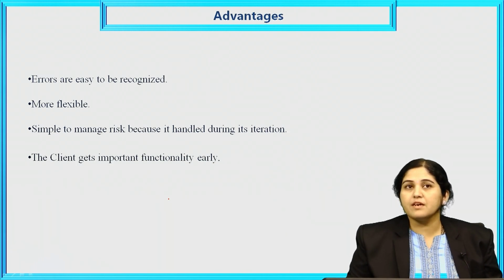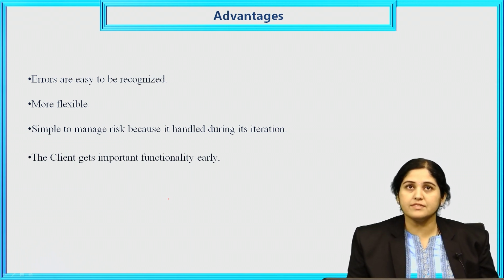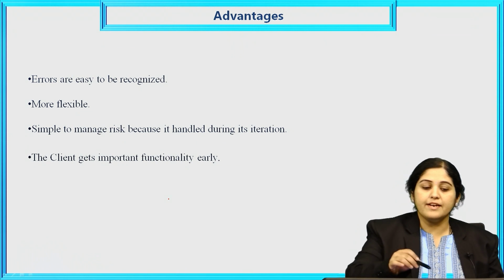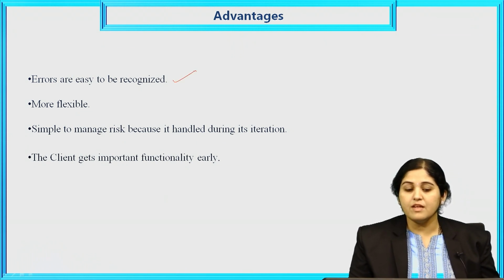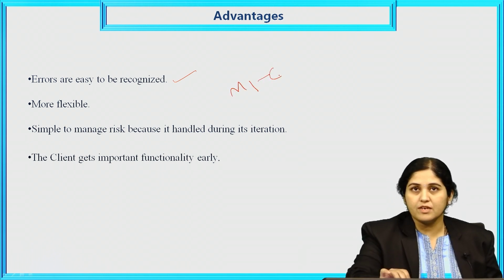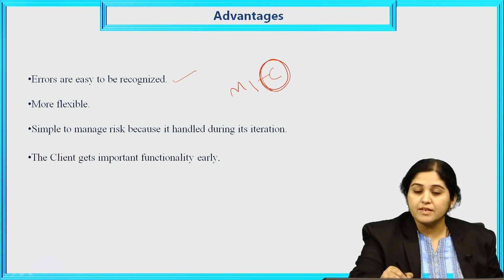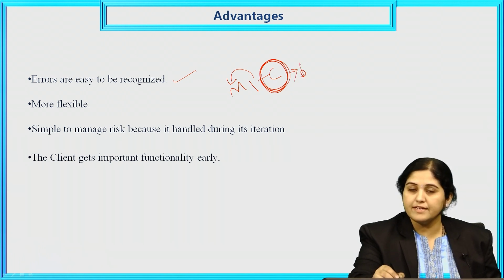Next comes advantages. Every application has advantages and disadvantages. So let us see: errors are easy to be organized. In incremental models errors are easy to be organized. Why are they saying that? Because we develop model 1 and release it to the customer. The customer continuously uses model 1 and identifies if any bug is there, or any feature he wants to add.